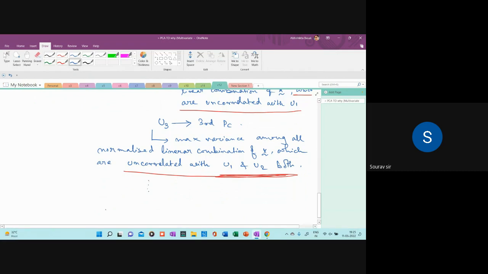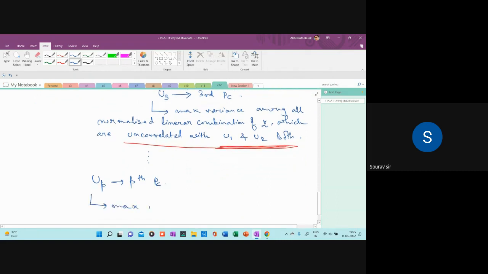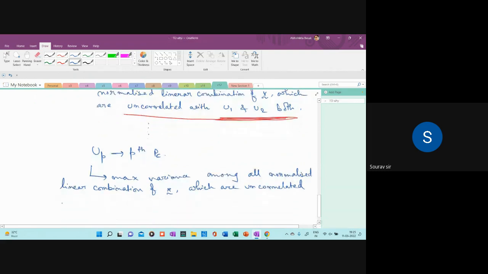In a general manner, up is my pth principal component, and it gives the max variance among all normalized linear combinations of x curl which are uncorrelated with u1, u2, up to up minus 1, all of them.